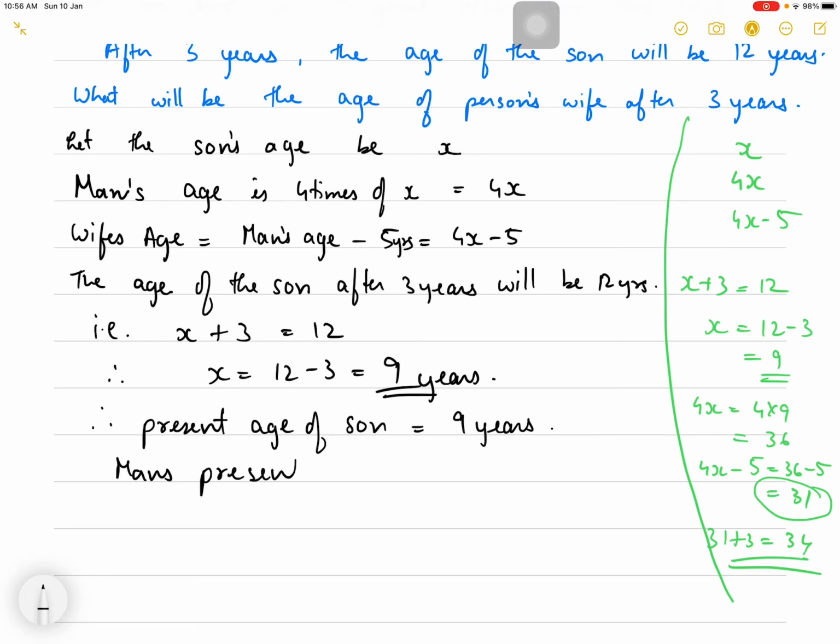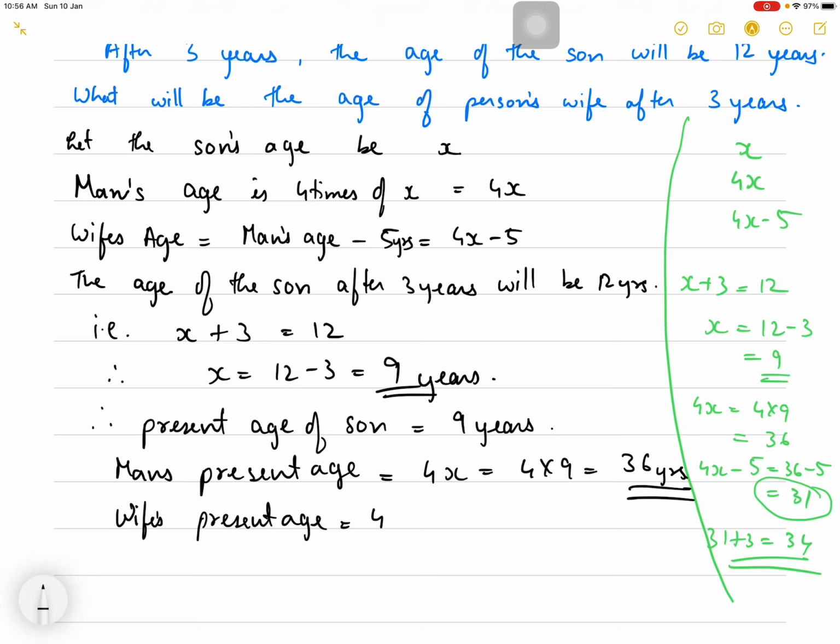Man's present age is equal to 4x is equal to 4 into 9 is equal to 36 years. Wife's present age is equal to 4x minus 5, which is 36 minus 5, which is equal to 31 years.